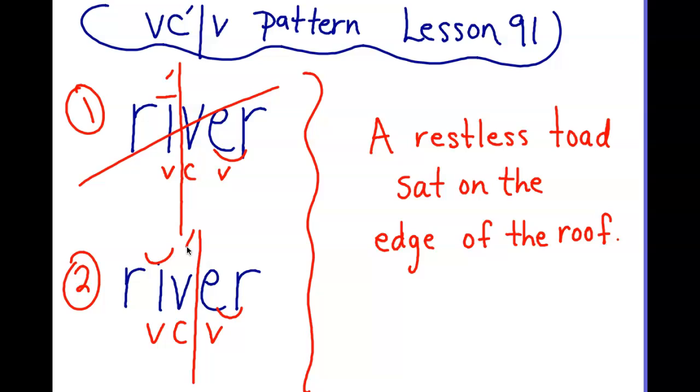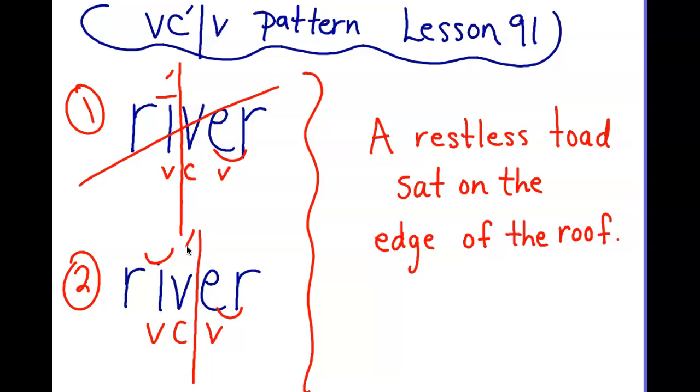How do we code C's that sound like K's? With K-backs. How do we code C's that sound like S's? Cedilla. How do we code trigraphs? Underline them. How do we code suffixes? We box them. All right, so after reviewing, let's code the sentence.